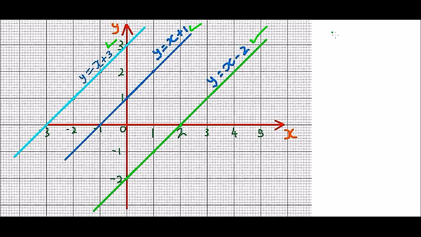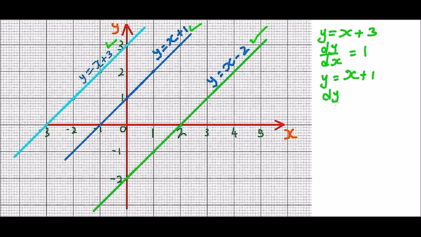So when you use differentiation, we start with the first one, y is equal to x plus 3. Then the gradient function dy over dx is equal to 1. Then we have y is equal to x plus 1.